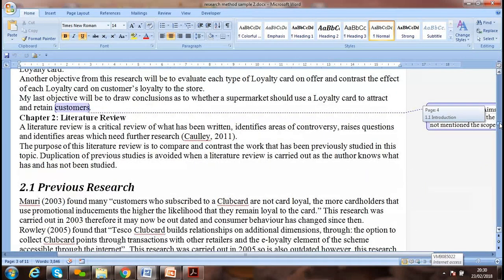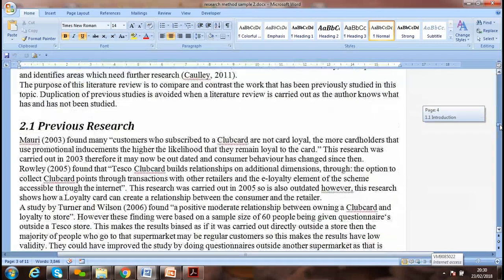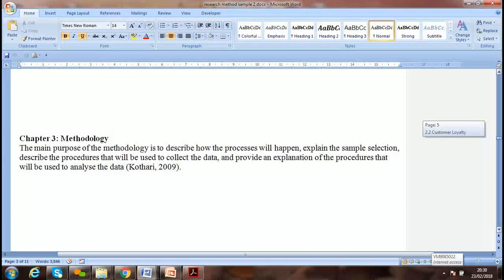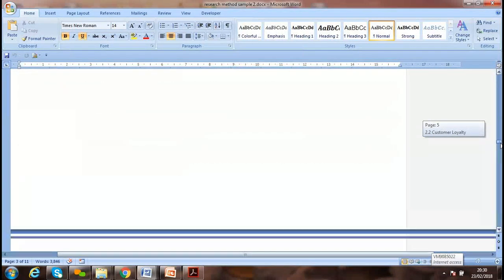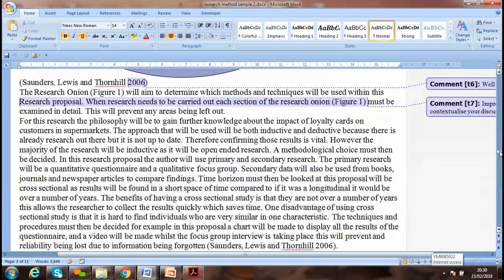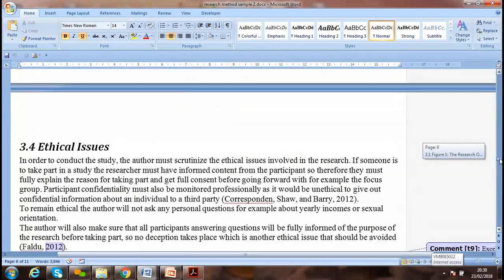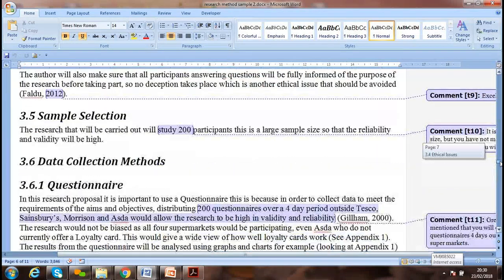The literature review mentions how we'll do it and the previous research, customer loyalty, that's all literature. The methodology: which method they will use, the research-oriented model, qualitative and quantitative research, ethical consideration, and sample size. 200 participants, a large sample size, will be tested.